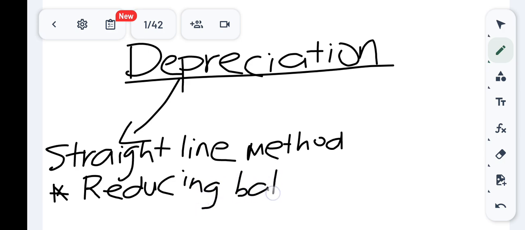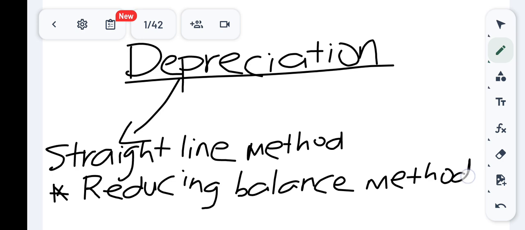So it can depreciate by the straight line method or the reducing balance method. This again is still the simplest part of financial mathematics.